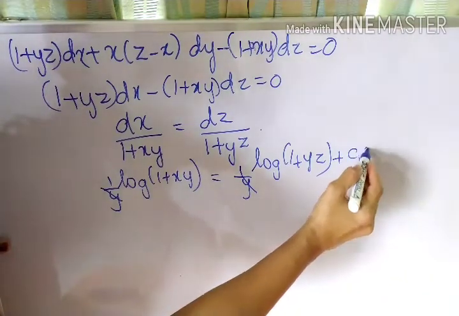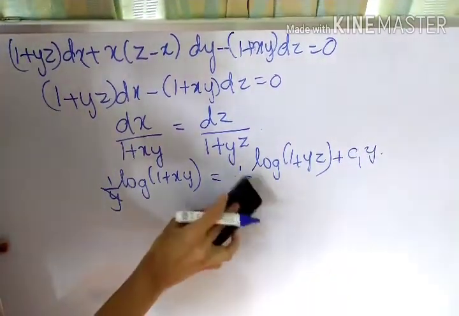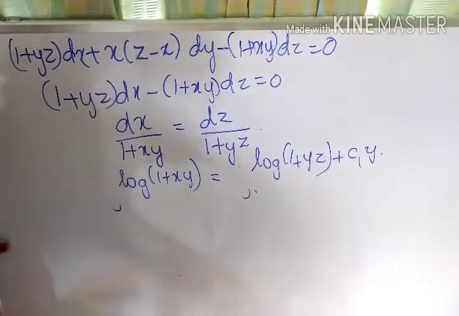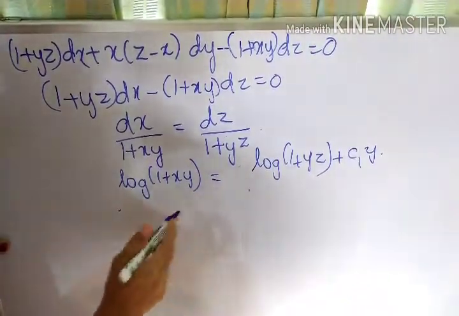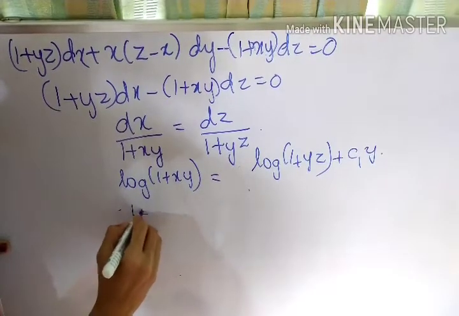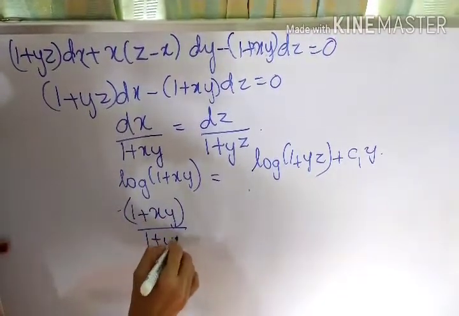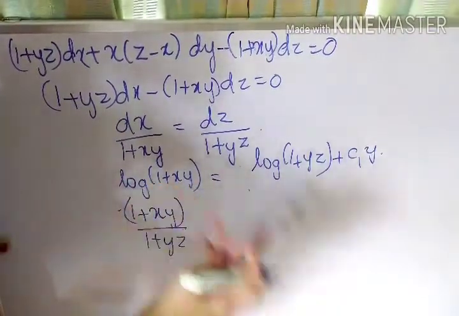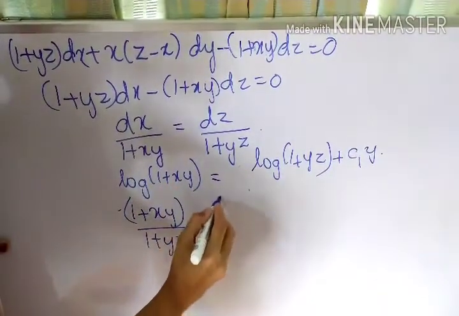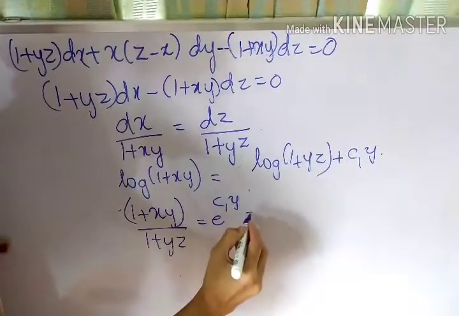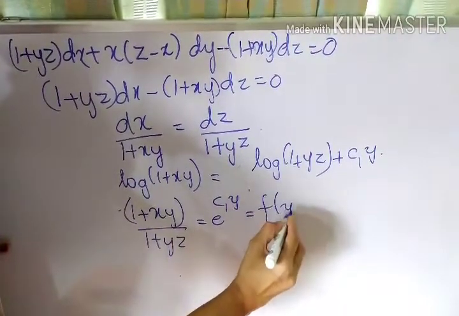So c1 into y, this will be the answer. Now I am taking the logarithm to this side, so I will get (1 + xy) by (1 + yz), and taking exponentials we will get e raised to c1y. Let me consider this as a function of y.